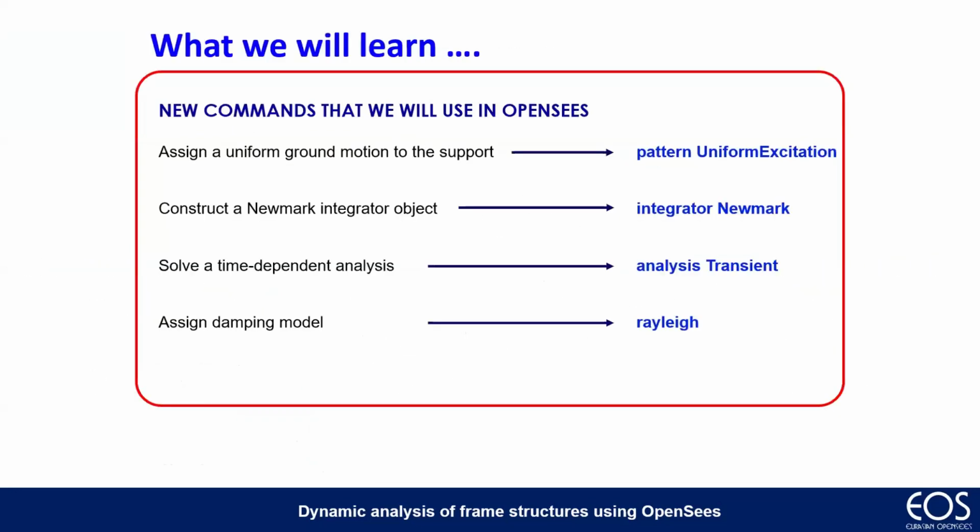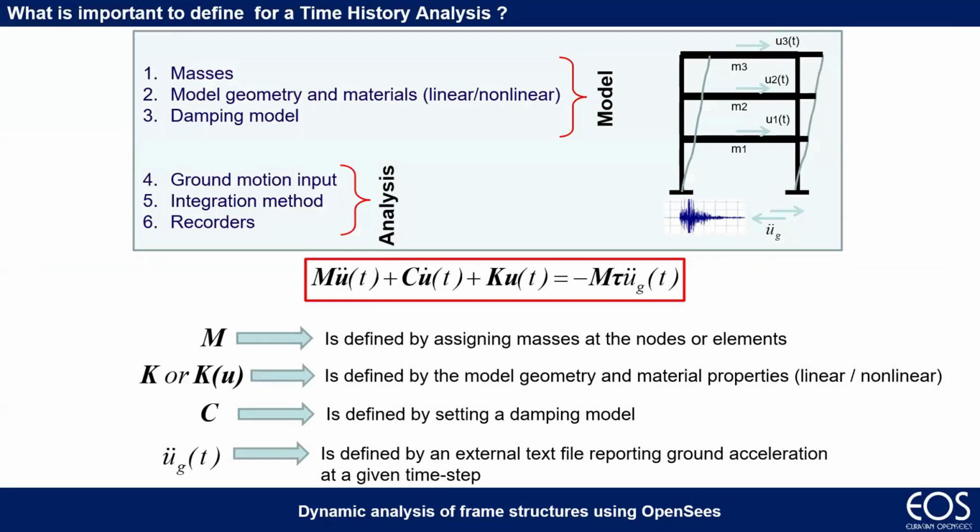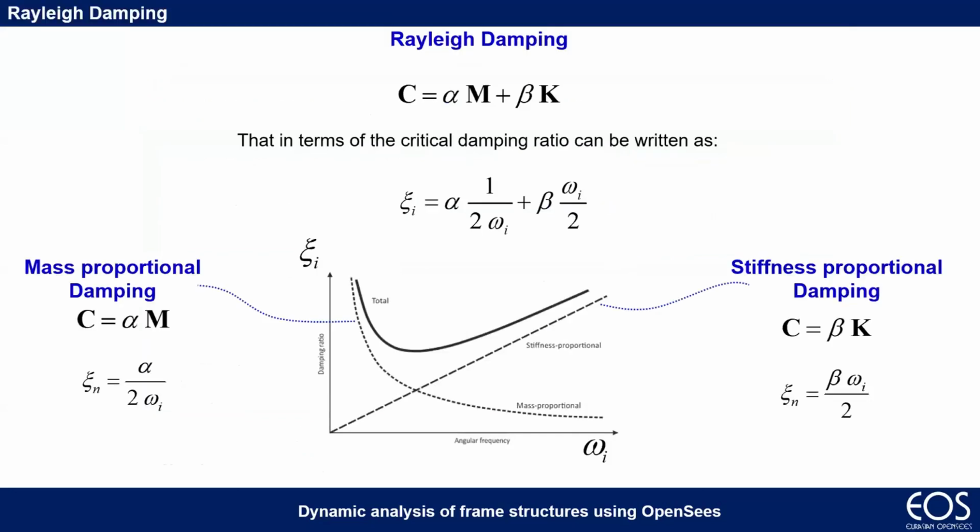Let's start with the first ingredient that we need, the damping, okay? Now, for the damping, we can talk about damping for hours, but let's focus mainly on the two damping models that there are inside OpenSees, okay? All the other comments about damping are out of the scope of this course, but in OpenSees we have Rayleigh damping, okay?